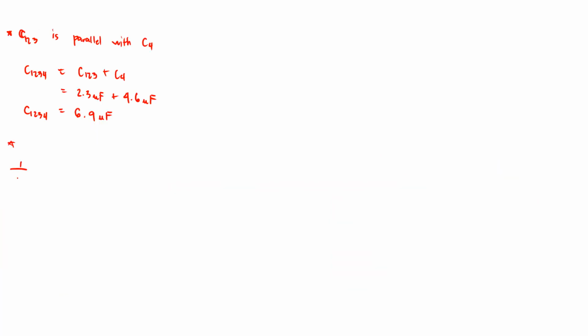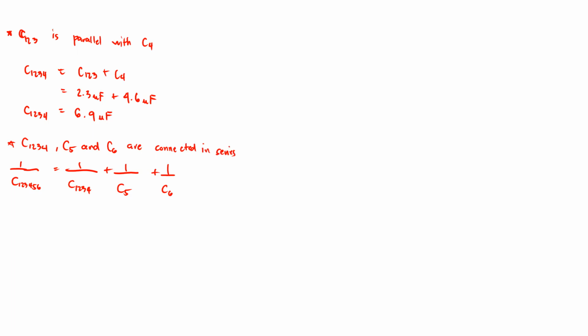Therefore, you have 1 over C123456 is equal to 1 over C1234 plus 1 over C5 plus 1 over C6. So C1234, C5, and C6 are connected in series. Therefore, you can get the equivalent capacitance using this equation.